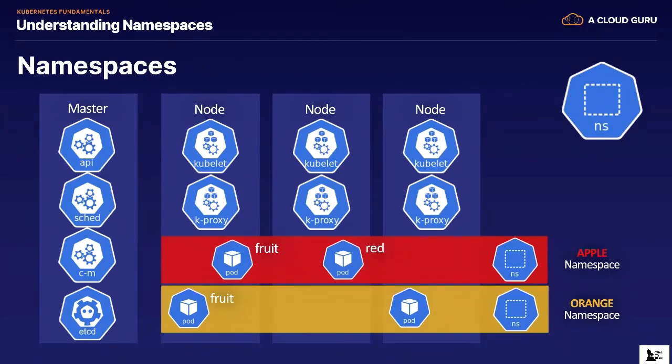So we have to get rid of that name, and for example, we could call this pod Red. And then in the Orange namespace, perhaps we call the other pod Orange. Again, just some simple names for pods and simple names for namespaces to help demonstrate the fact that names must be unique within the namespace, but they don't have to be unique across the cluster.